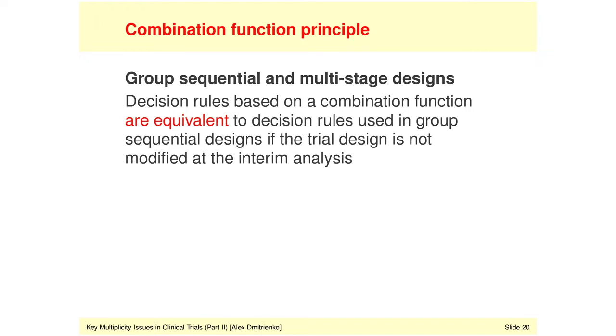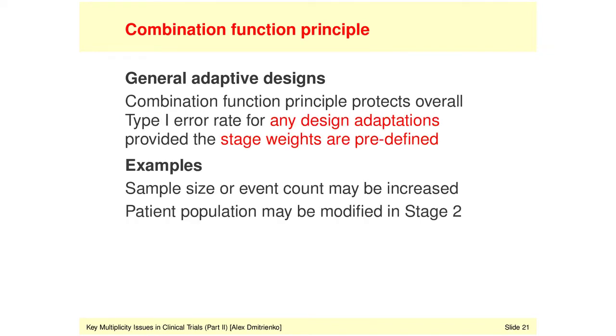It is natural to ask, of course, what happens if we decide to modify the trial's design at the interim analysis? For example, as you can see on the slide, the sample size may be increased, or the target number of events may be increased, or the sponsor may be interested in enabling a patient population rule.